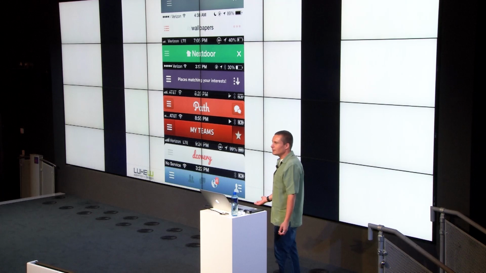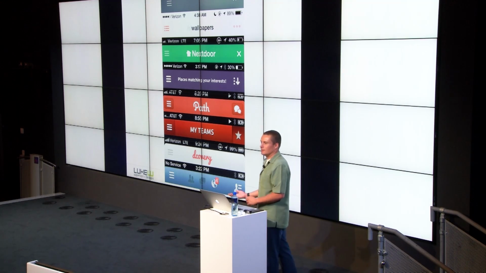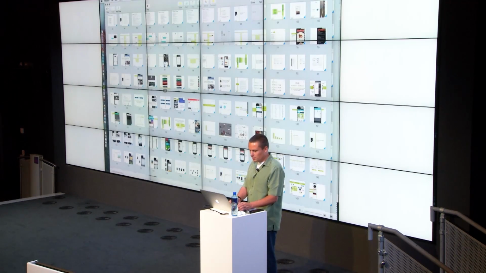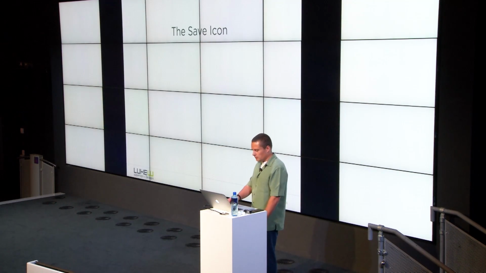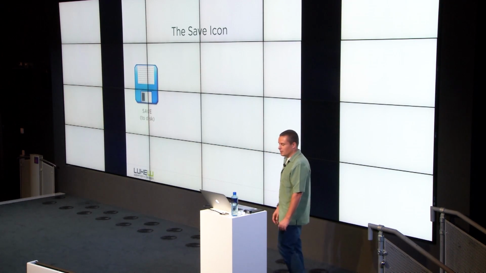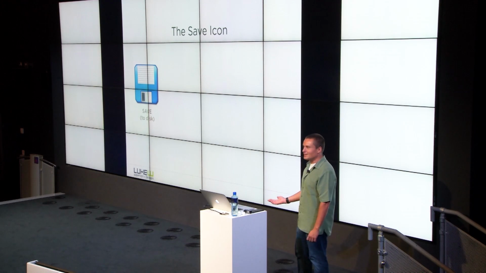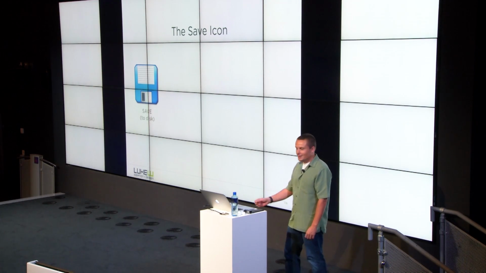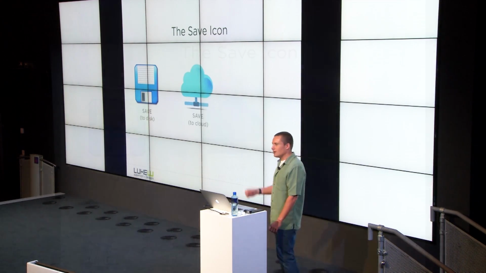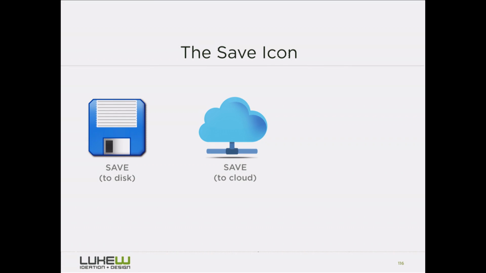And then we'll be done, right? If we all just use it consistently, then everything will be glorious. To which I always like to call out some of these examples. You know, if everybody would just use the save icon consistently, it would be good forever. Until you're no longer saving to a disk that looks like that, until you're no longer saving anything.